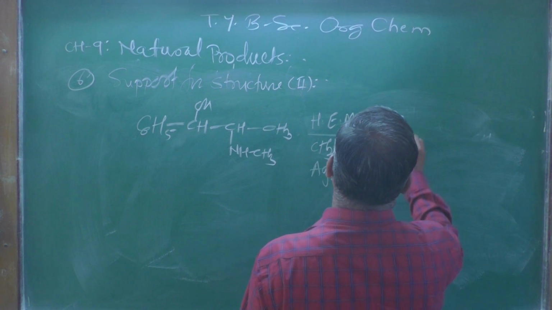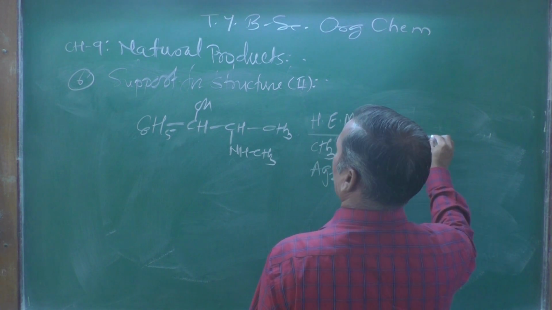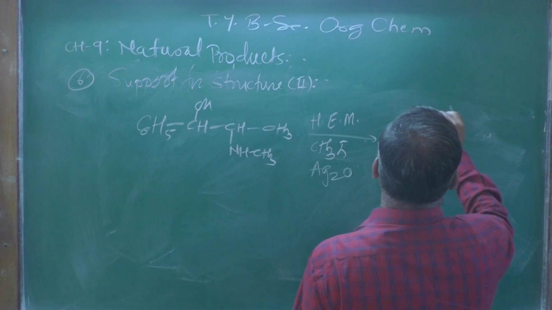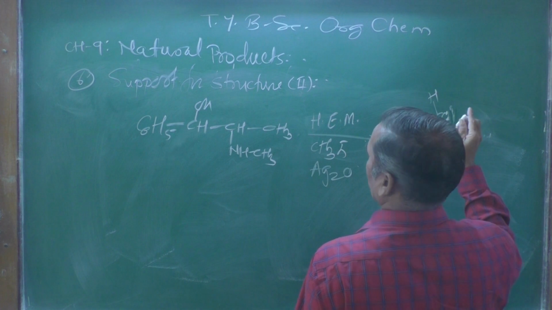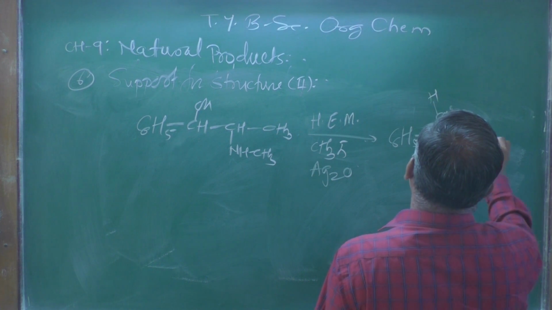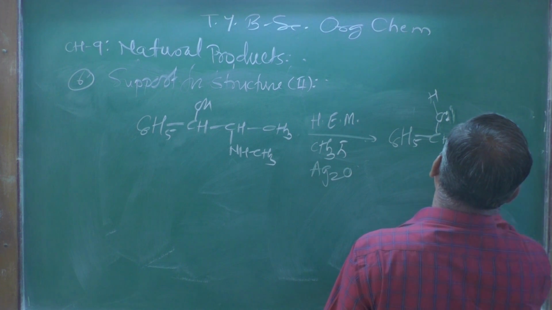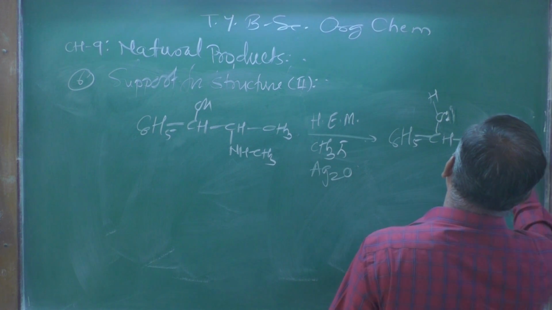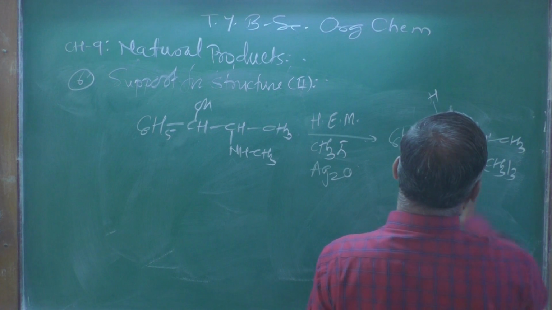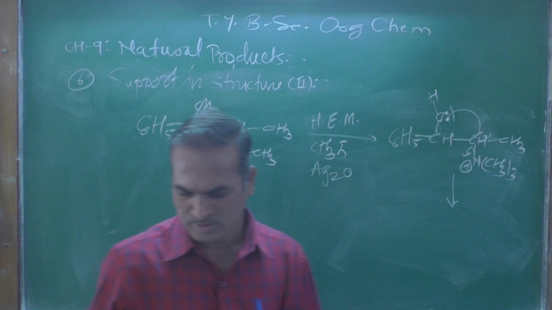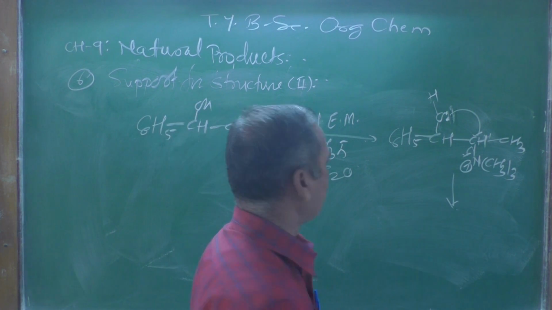It produces C6H5, CH-OH, with OH I am writing here for the sake of convenience, then CH-N, then CH3 thrice with positive charge over there, CH3, then this type of epoxide forms over there.